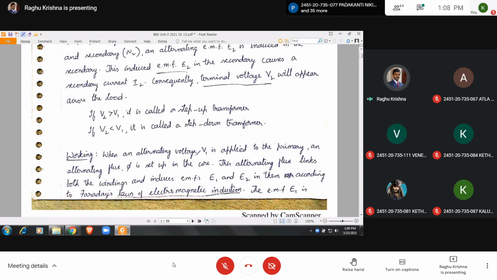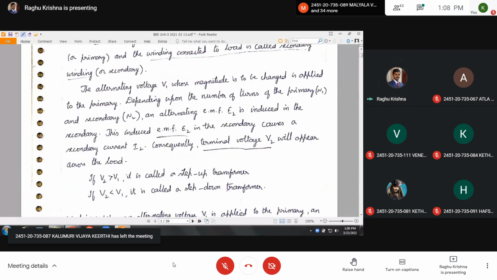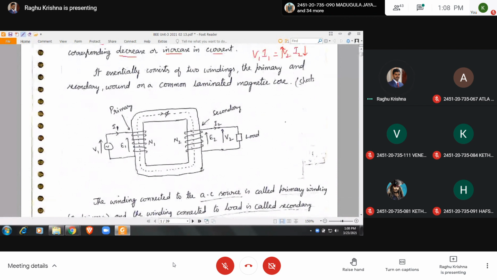When an alternating voltage V is applied to the primary, an alternating flux phi is set up in the core. This alternating flux links both the windings and induces EMFs E1 and E2 in them according to Faraday's laws of electromagnetic induction. This induced EMF is known as statically induced EMF. Why is it called statically induced EMF? Because there are no moving parts in a transformer.